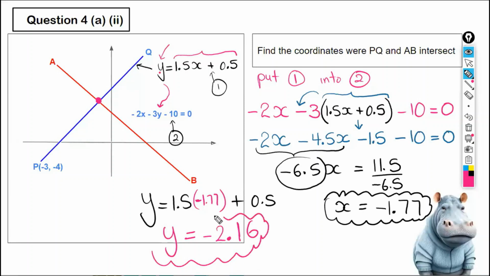Now, I know everybody's going to round off slightly different, right? But if you rounded this part off properly, then your answer will look exactly like mine. Let's double check something. 11.5.